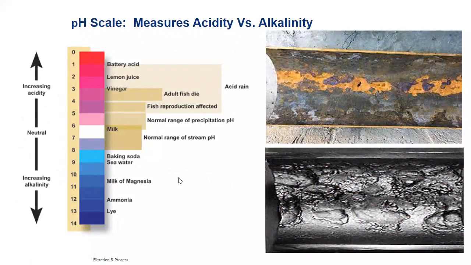Hydrogen ions. That's acid. That's what we're measuring in water when we measure pH. And the P stands for a logarithmic scale base 10. So every number below 7 is 10 times more acidic than the number above it. The numbers above 8 are 10 times less acidic.